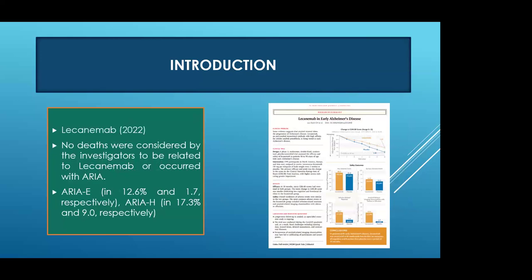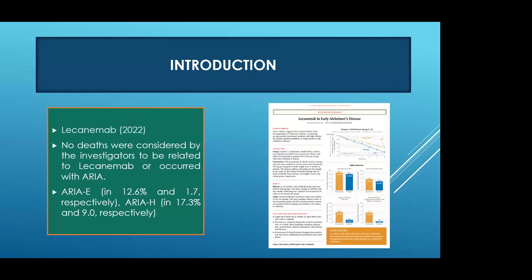Just recently, and the one that probably everybody knows about, is lecanemab, which was an 18-month multi-center, double-blind phase 3 trial involving persons between 50 and 90 years old, diagnosed with early Alzheimer's disease. A total of 1,795 participants were enrolled.